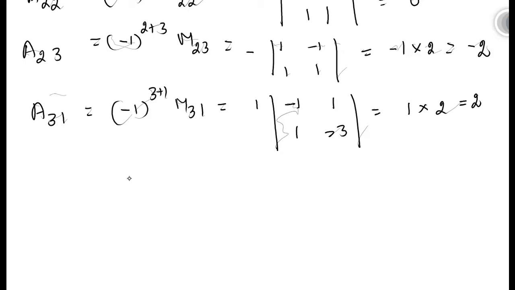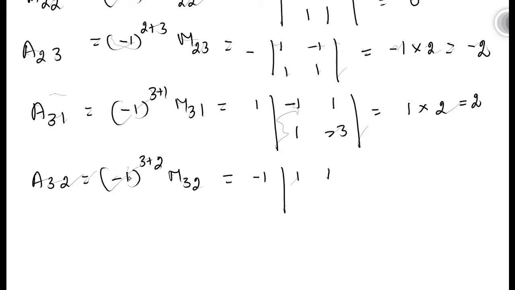Next is A32, equal to (-1) to the power of 3 plus 2, M32, which is minus the determinant [1, 1; 2, -3], which is minus 1 into (-3 minus 2), which is minus of minus 5, equal to plus 5.